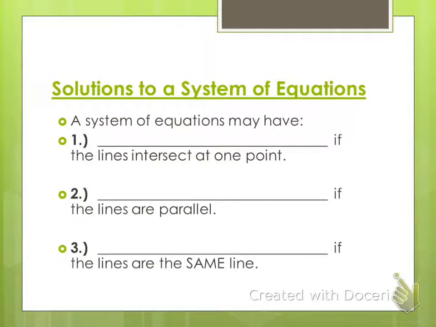When we have a system of equations, we've got a few different possible situations. Okay, there will be one solution if the lines intersect at one point. So if the lines touch each other at just one point, there is one solution.